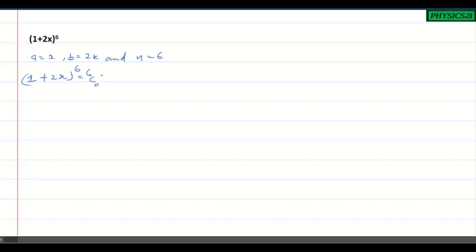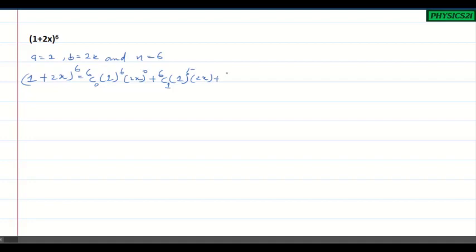6C0 1^6 and (2x)^0. And the second term, 6C1, 1^(6-1), which means 1^5, and 2x raised to power 1, no need to write 1.